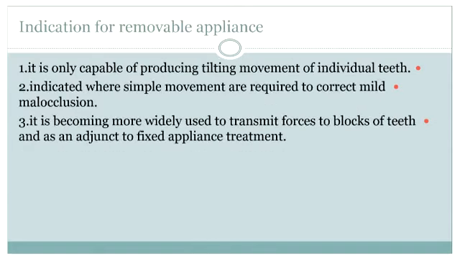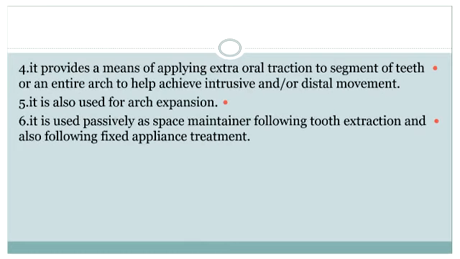Indications for removable appliance, we put simple points about that. It is only capable of producing tilting movement of individual teeth. Indicated where simple movements are required to correct mild malocclusion. It is becoming more widely used to transmit force to blocks of teeth and as an adjunct to the fixed appliance treatment sometimes.